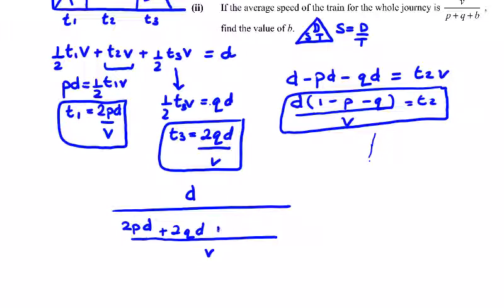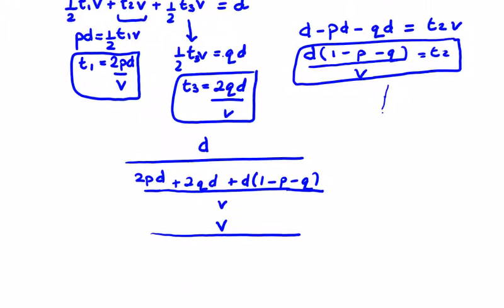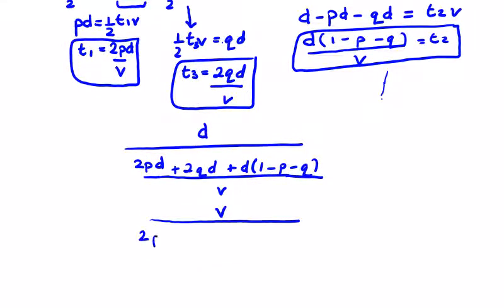And then plus d times 1 minus p minus q. Is this where we're going? Well, there's a d in everything. So if I flip this bottom fraction upside down, the v will go on top and we'll have a vd, or just divide by d. We'll just end up with v on top, and all the d's will disappear if we divide every term by d. So hopefully this works out.